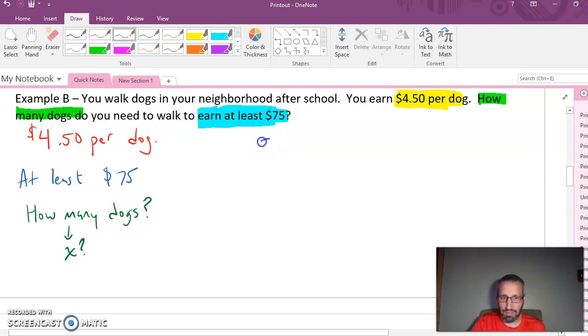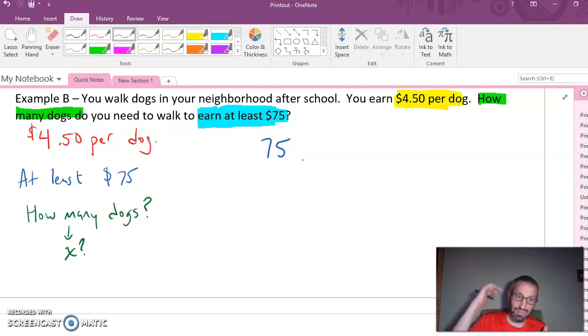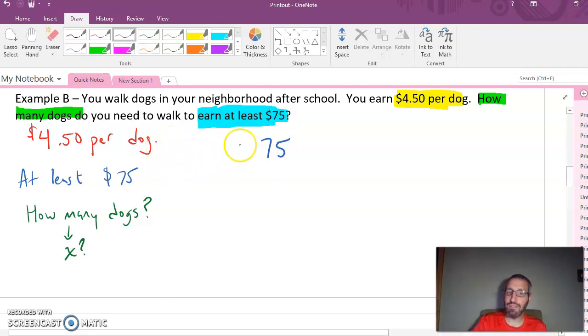So I'm going to put $75. And if I want to be at least $75, that means that that's the bare minimum, right? If I have $76, that's good. $77, that's good. $78, $80, $90, all of those are good. But $75 is the bare minimum that I want, right? I want to earn at least. So that, to me, makes that 75 the smaller of the two quantities.